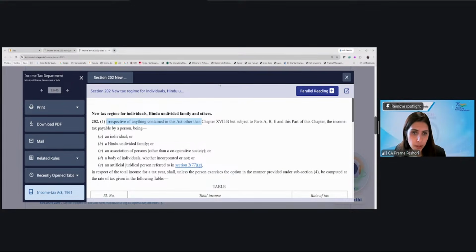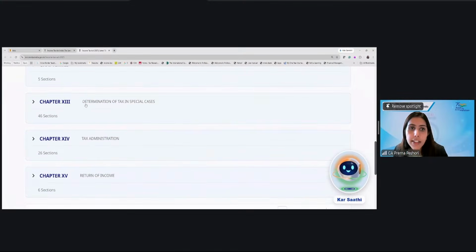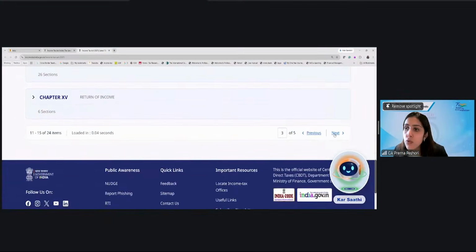Are we getting this particular point? So essentially when I say subject to, I am making this particular section subsidiary. Here I think there is some mistake in writing the chapter number, because this chapter number doesn't exist.